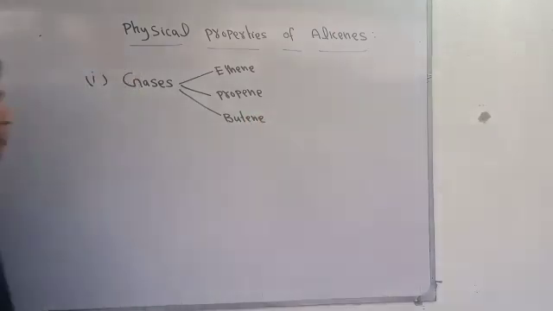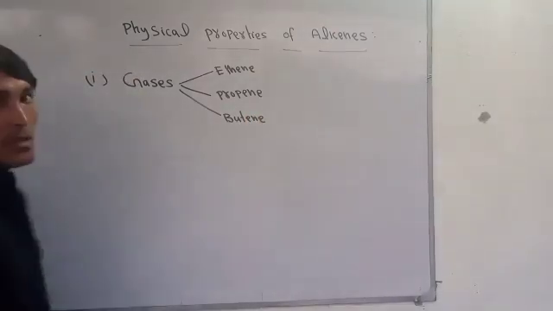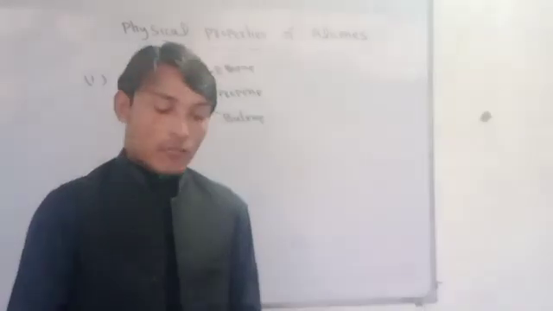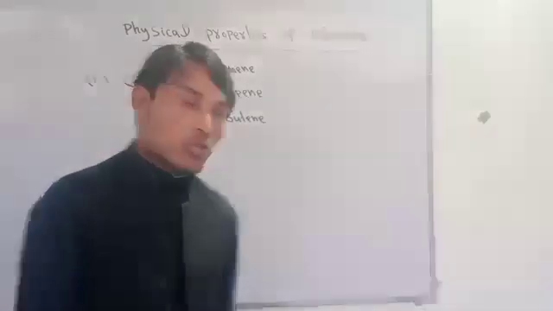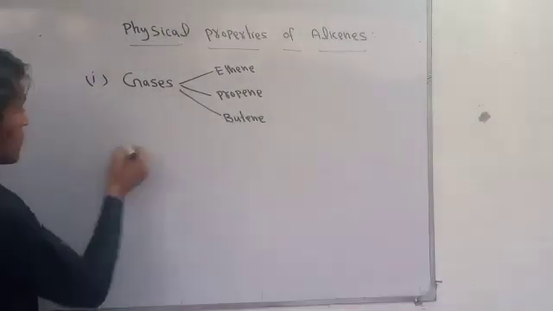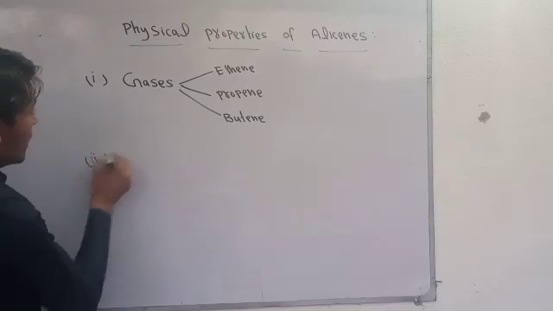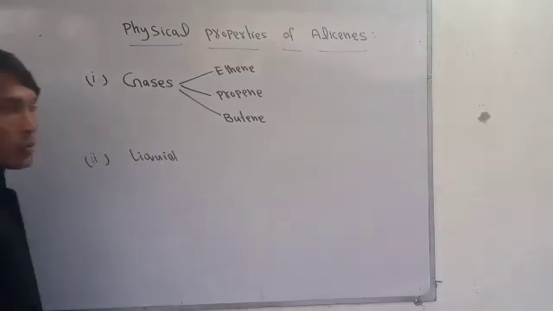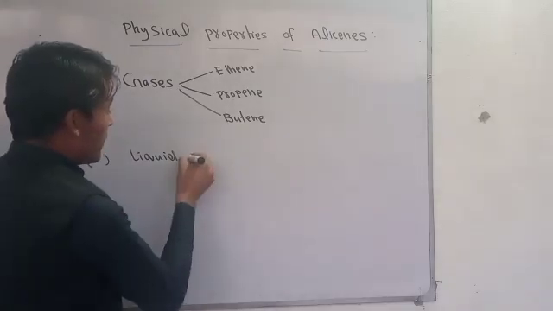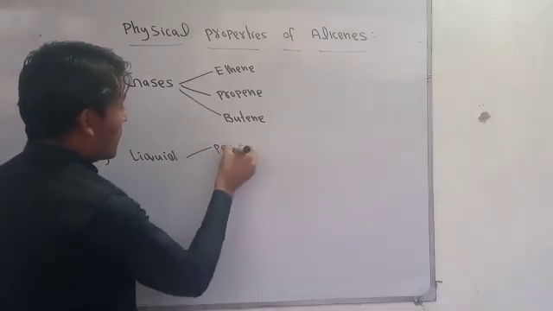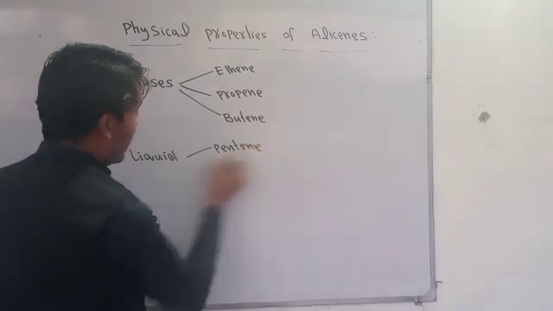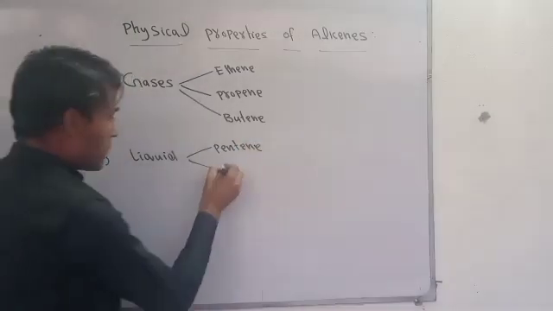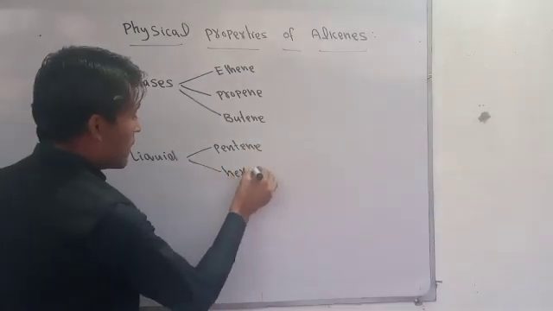Alkenes are present in the form of gas, liquid and solid. Further on, you can get them in a liquid form also. For example, you can get pentene, hexene, and heptene in a liquid form.